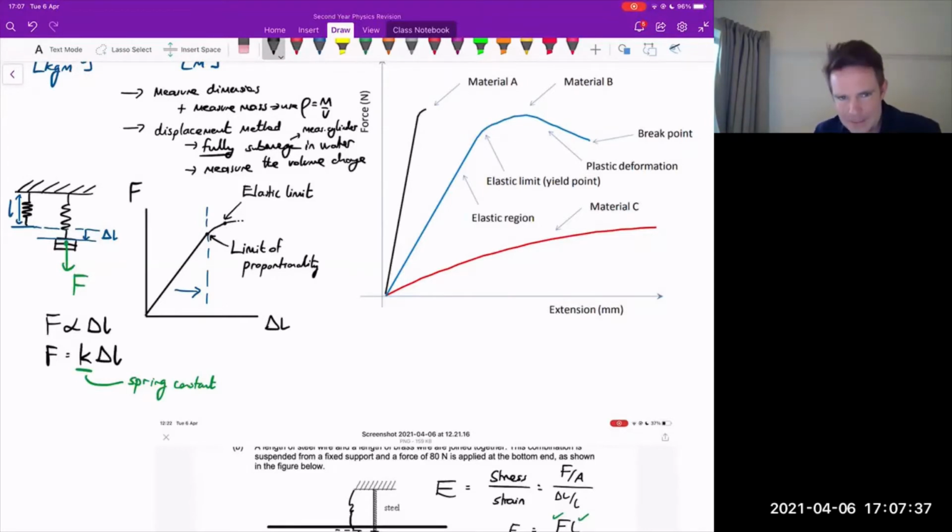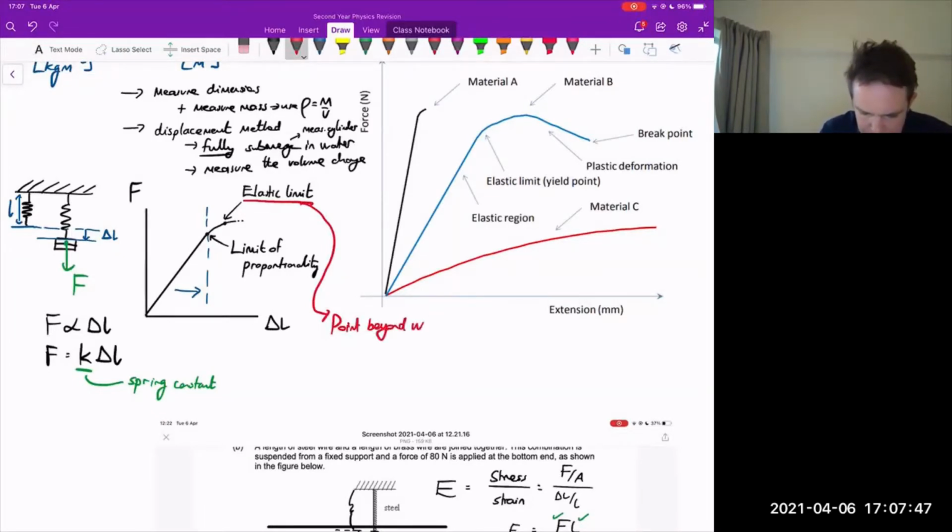The elastic limit is the point beyond which plastic deformation occurs, and the sample is permanently deformed.